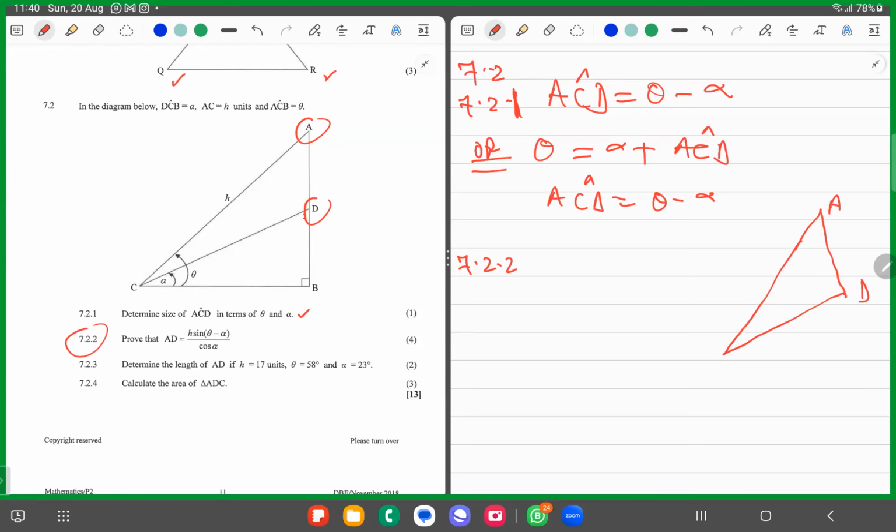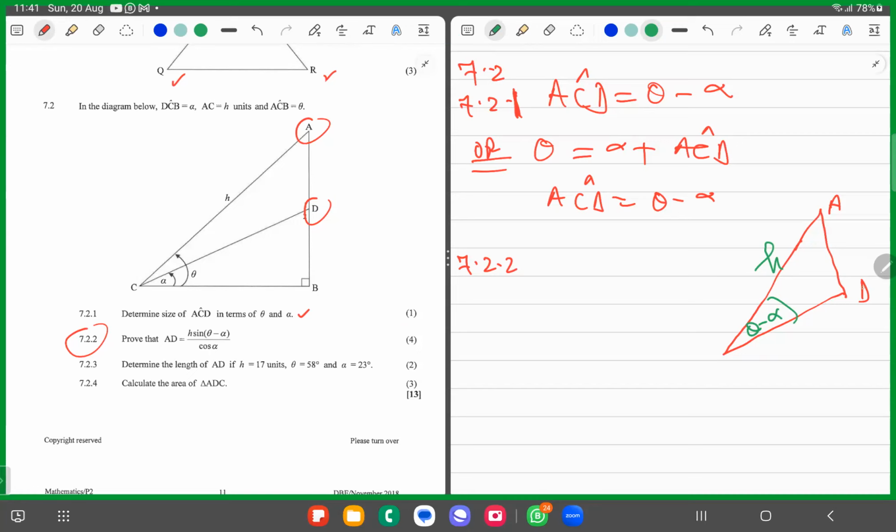So this one is theta minus alpha, so that this is A, D, and this is H. Okay, so what do we do now?